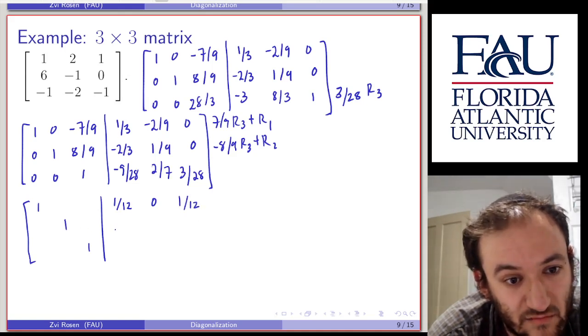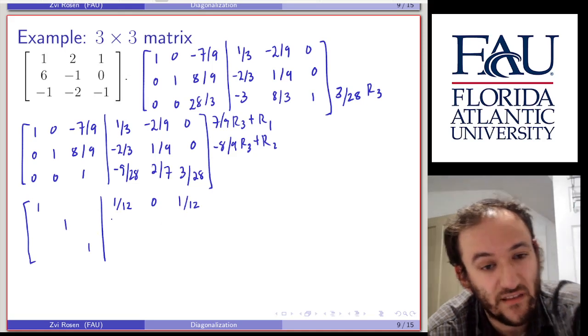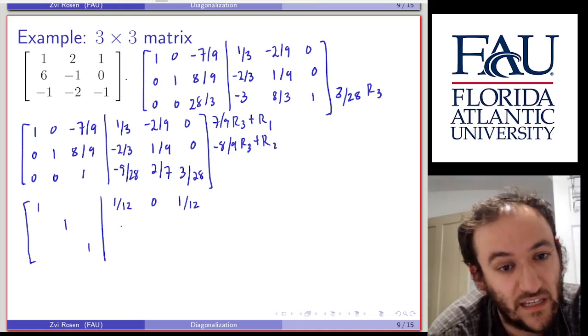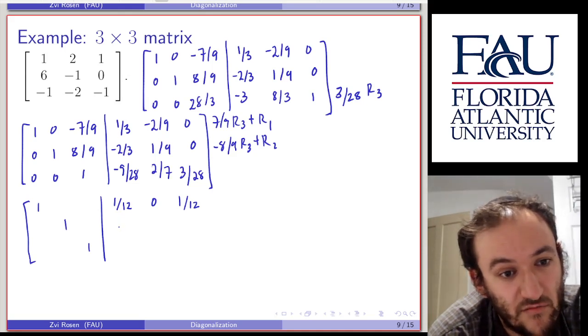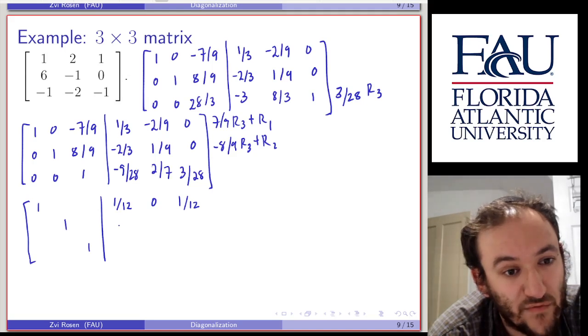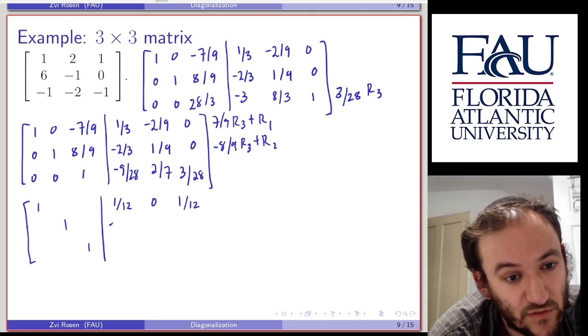Next row, we get minus 8 over 9 times minus 9 over 28 is positive 8 over 28, which is 2 over 7. Minus 2/3 gives us 6 minus 14 over 21, which is minus 8 over 21.